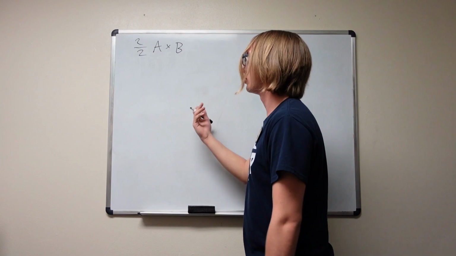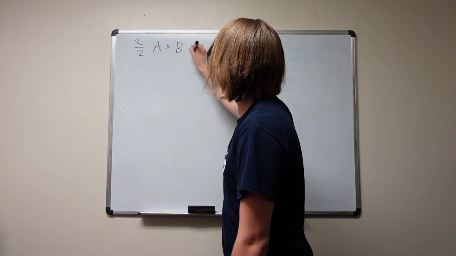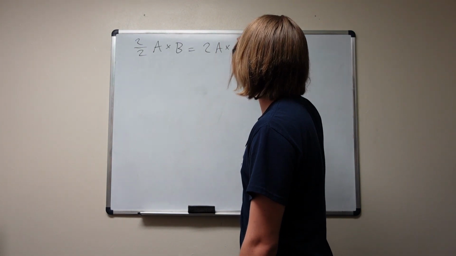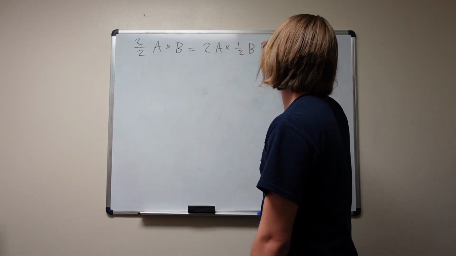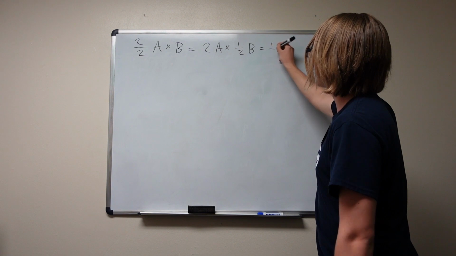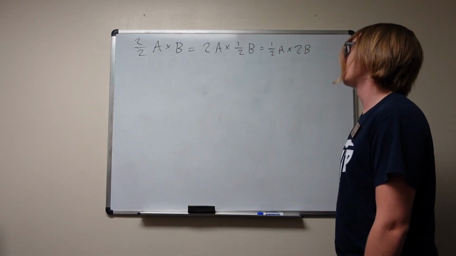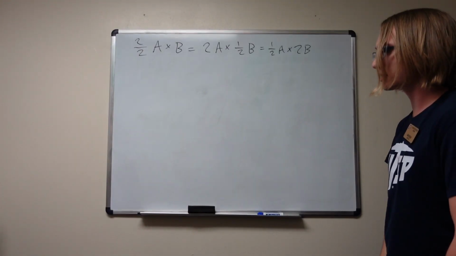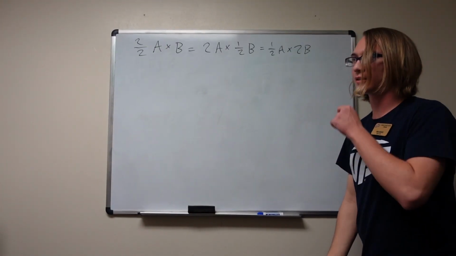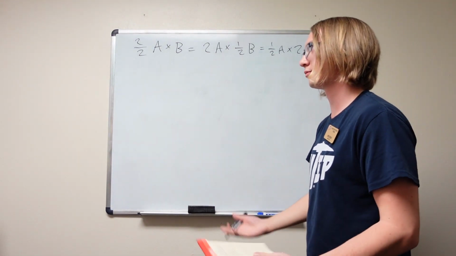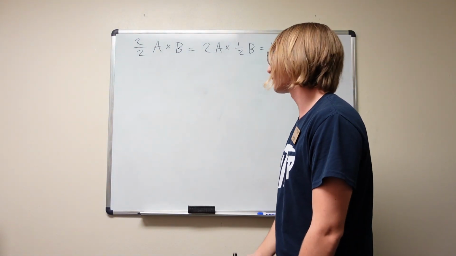So you could rewrite this as twice A times half of B, or the same thing as 1/2 of A times twice of B. The trick can be helpful in some cases, but it could be kind of common sense.